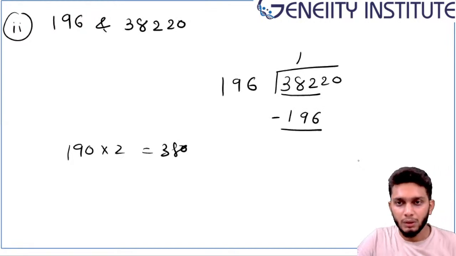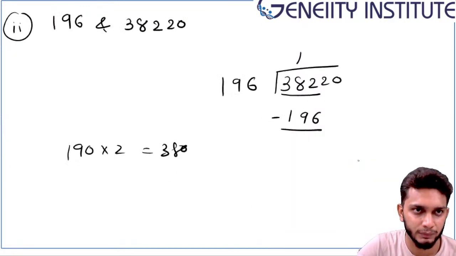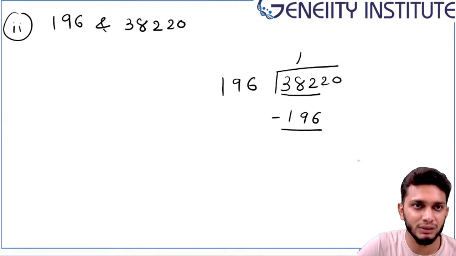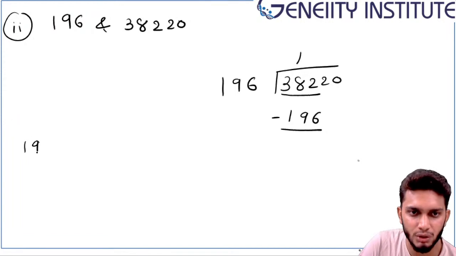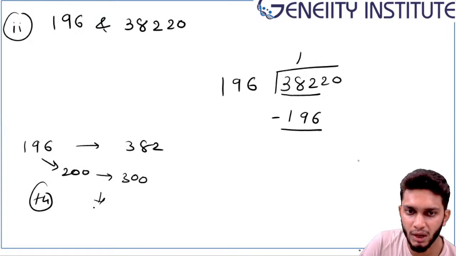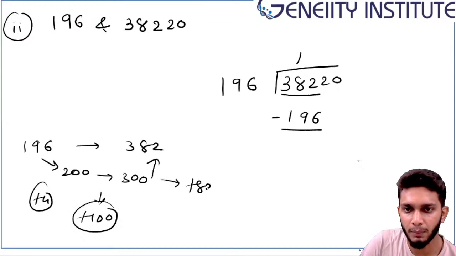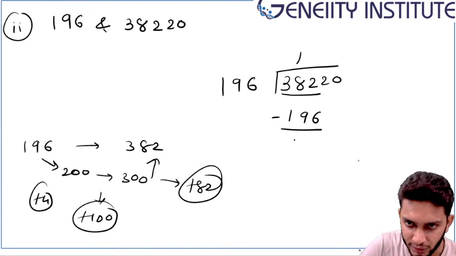Now 382 minus 196, you have to subtract 196 from 382. How? To go from 196 to 382, first go to 200, how much will it be? +4. From there go to 300, how much? +100. From there go to 382, how much? +82. So 100 plus 82, 182 and +4, so 186.